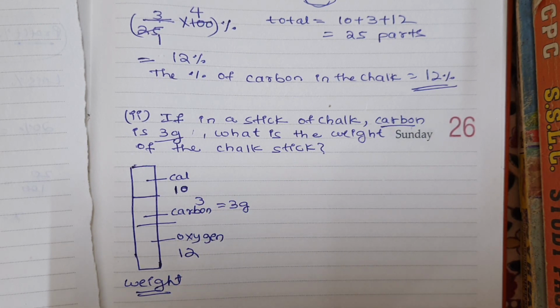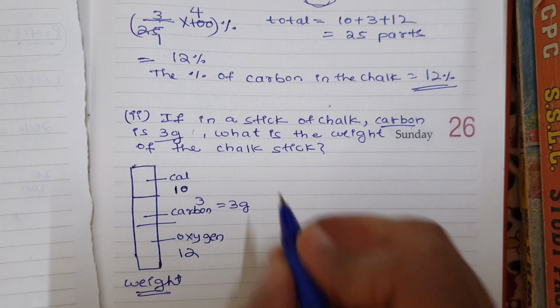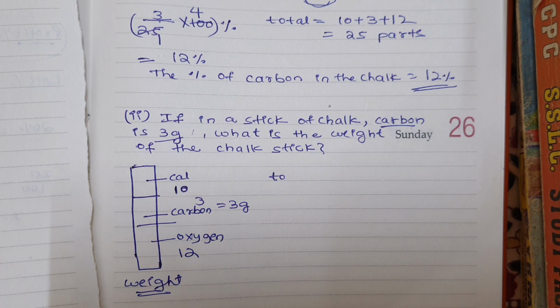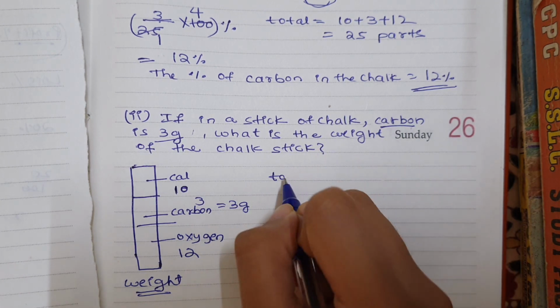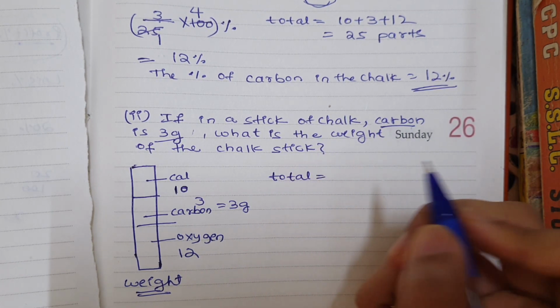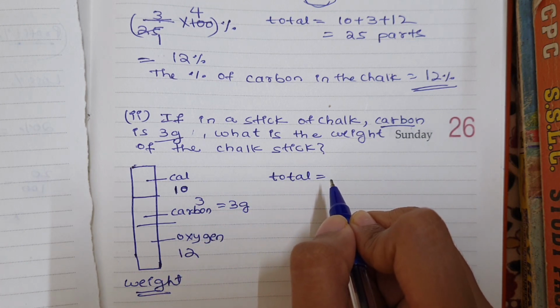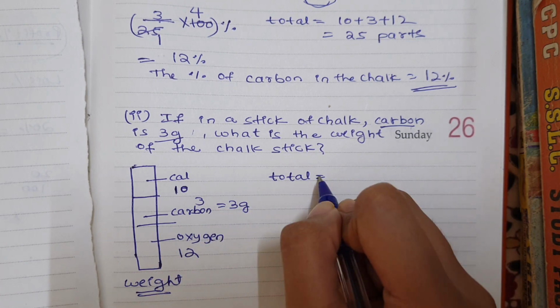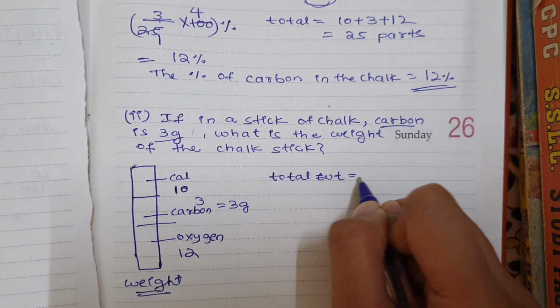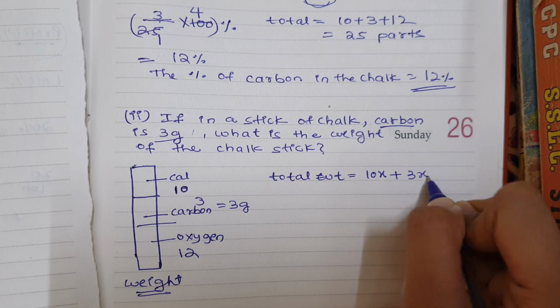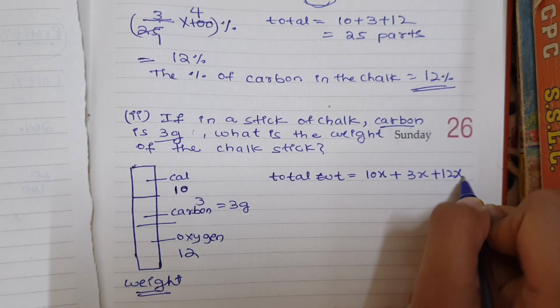First let me write a total. Total equals to, this is in the ratio 10:3:12. That means the total weight will be 10x plus 3x plus 12x.